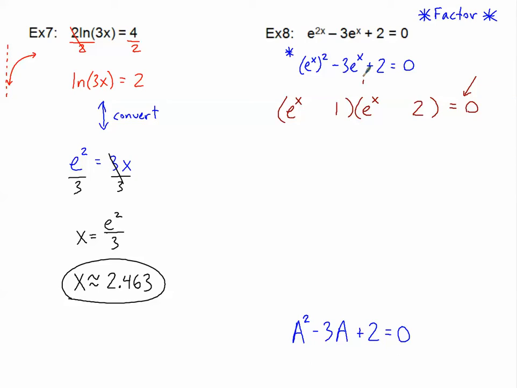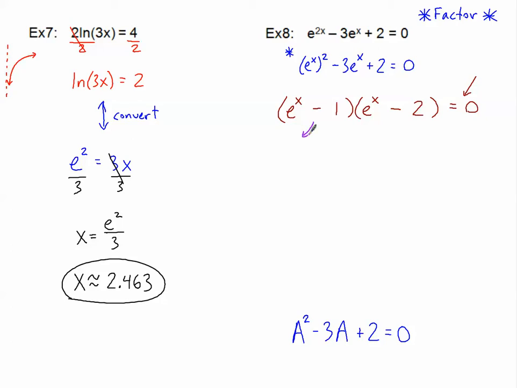And since that's a positive 2, I have to either multiply a positive times a positive or a negative times a negative. And since that middle term has a negative, I know that it's negative times negative. So that's how I factored that. And if you have trouble factoring with this, understand that it's the same thing as a squared minus 3a plus 2. Go ahead and factor this and then just replace the a with an e to the x.